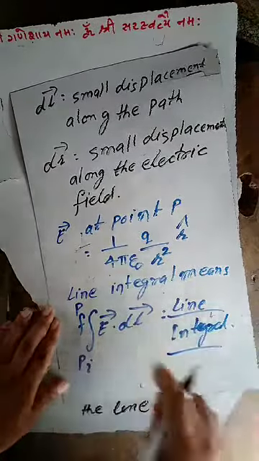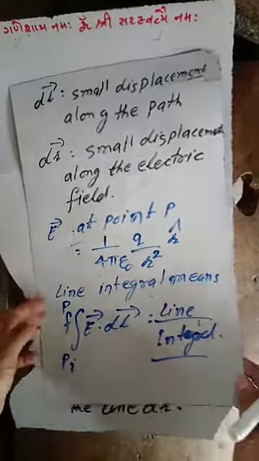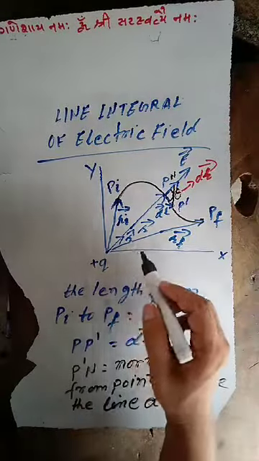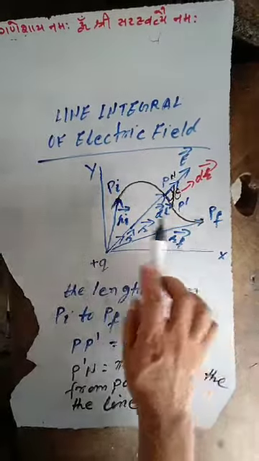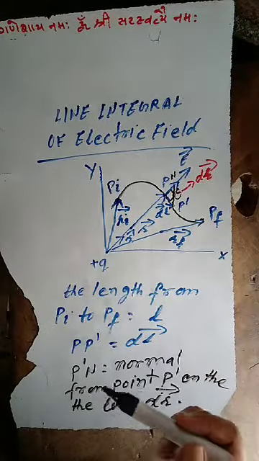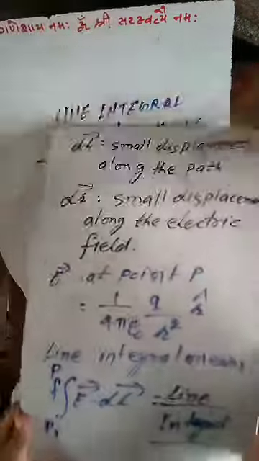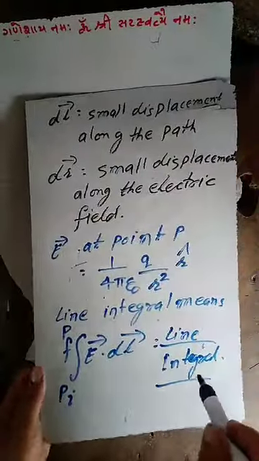This is your line integral. So line integral means we have to integrate the electric field due to this point charge from initial to final. Now we will calculate the value of this line integral.